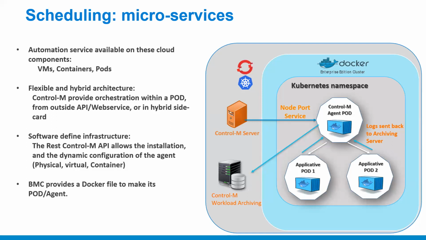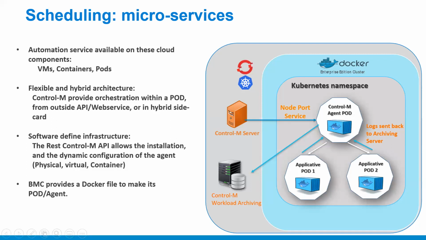Or you can have a PVC, a persistent volume claim, a persistent shared storage where you can route the logs of your agent when it is executing the jobs, and when your pod is turned off, your output is not lost. You can still look into that one.